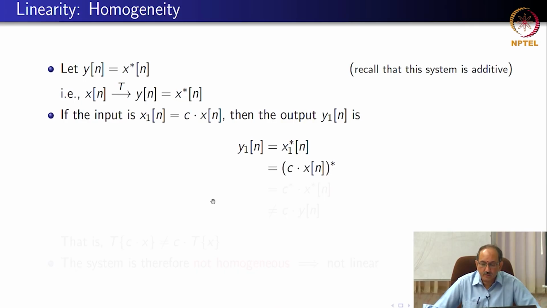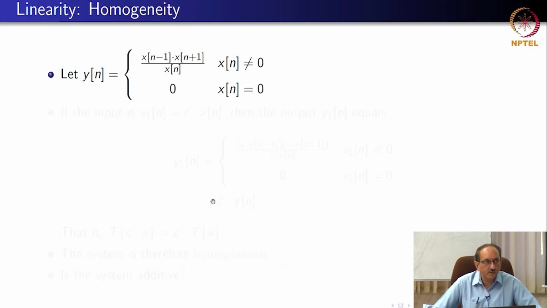Therefore, the output is c times x of n whole star, which is c star x star. Clearly, the system is not homogeneous. All right. So here we have a system that is additive but not homogeneous.